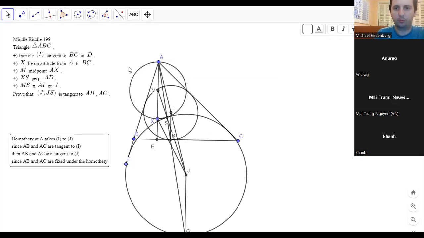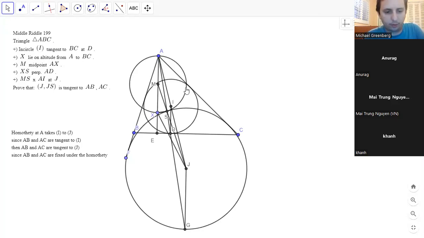All right, so let's see. I don't even know if it's really worth drawing this circle.